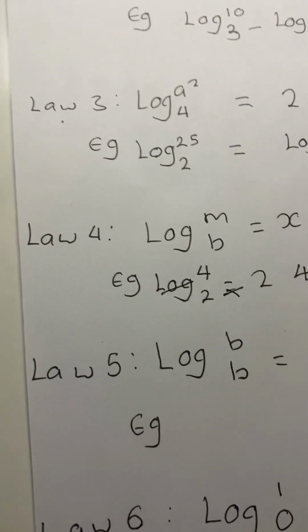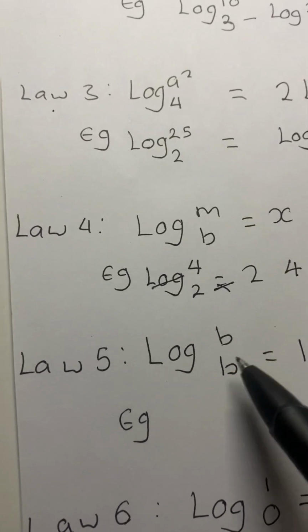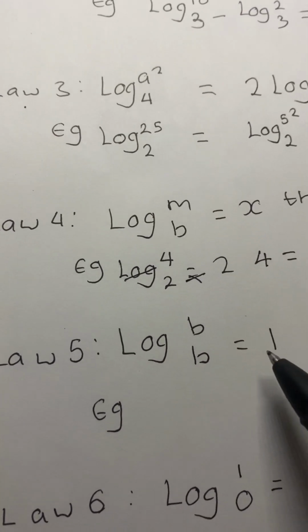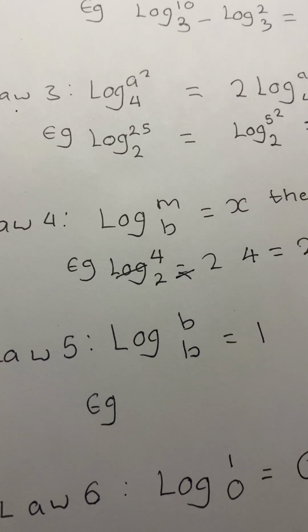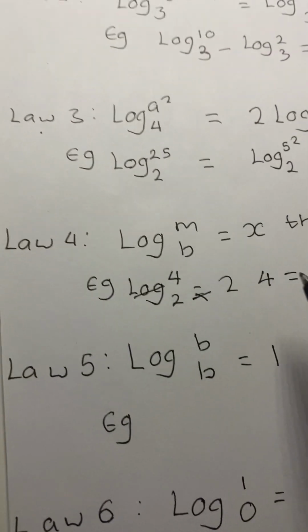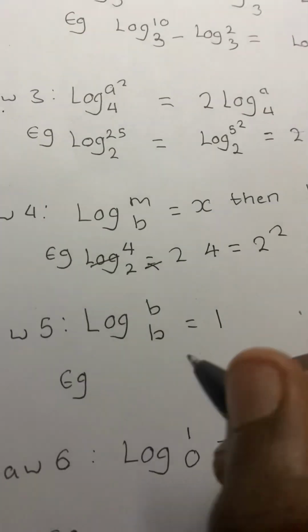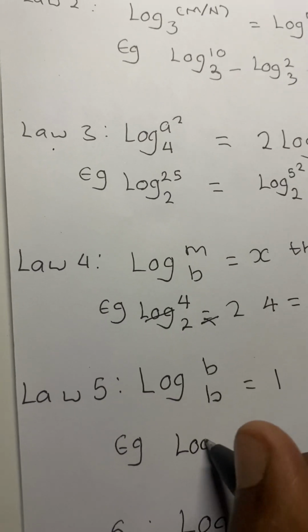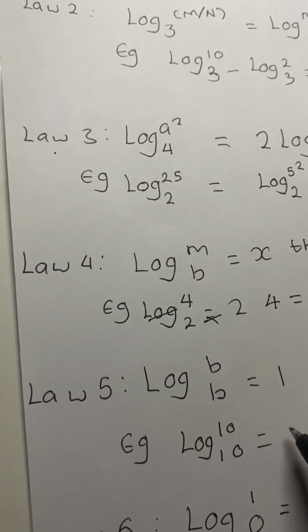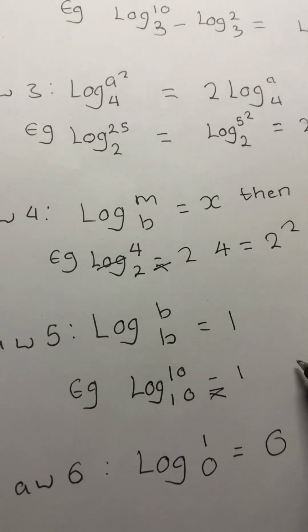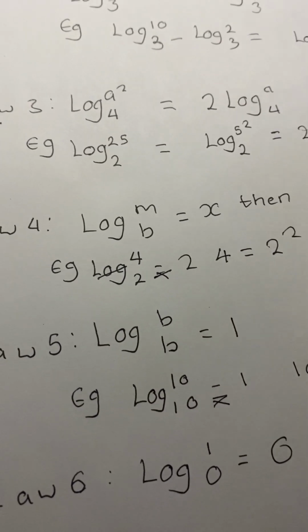Now, the fifth law states that when the power and base are the same, the log must be 1. Let me explain that. Assuming I got log 10 base 10 is equal to 1, I do this, so 10 is equal to 10 raised to the power of 1.